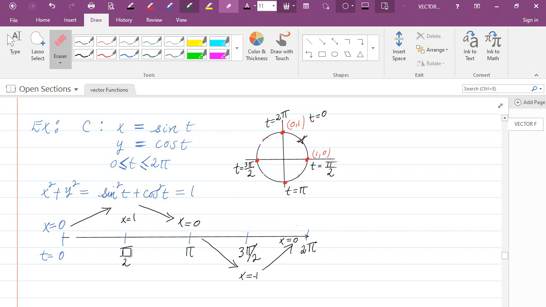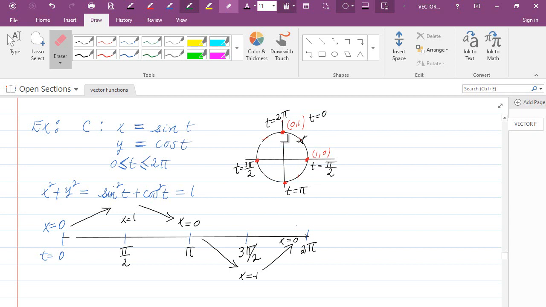And then as t goes from pi over 2 to pi, x decreases from 1 to 0. From pi to 3 pi over 2, x decreases further to -1, and then it increases back to 0 in this range.